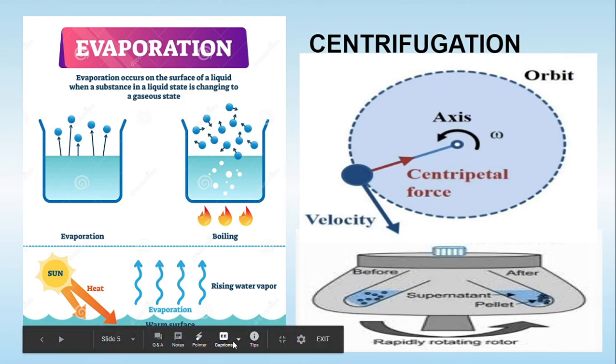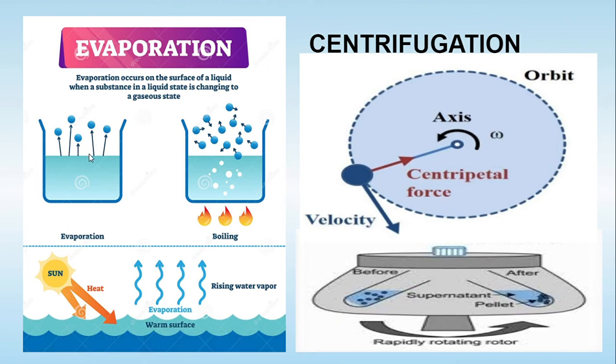Here the example is given, say sea water or river water: the sunlight falls and generates heat, and because of the evaporation the water rises and forms the cloud. Same thing is over here. So evaporation is basically a surface phenomenon. From the surface, the particles of the solvent are converted from the liquid to the gaseous state.